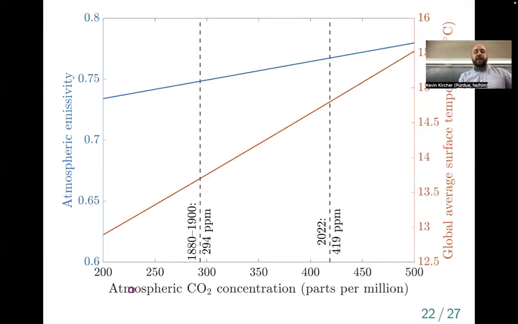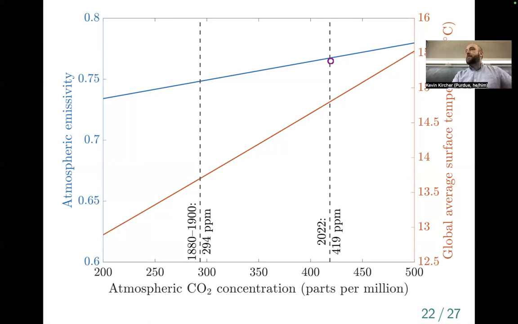So here's a graph of what that dependence looks like. On the x-axis, we have CO2 concentration, and then two y-axes. The blue axis here is emissivity of the Earth. The orange axis is the global average surface temperature. And so you can see from 1880 to 2022, we increased the concentration of CO2 quite a bit, and that increased temperature, but it also led to this increase in the emissivity of the atmosphere, at least in this simple climate model.